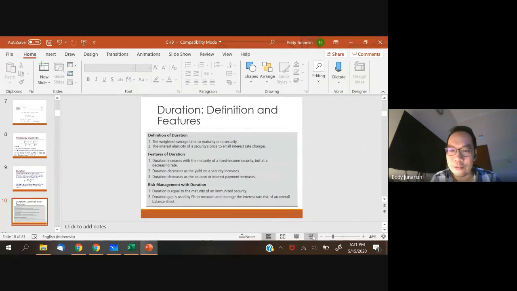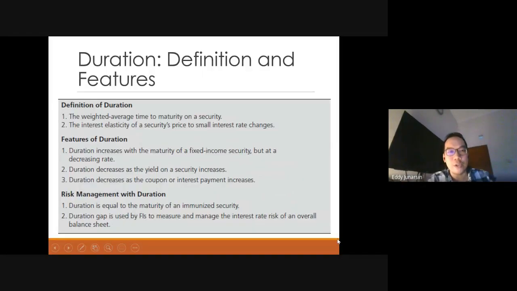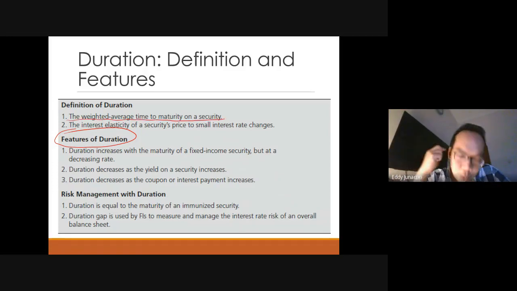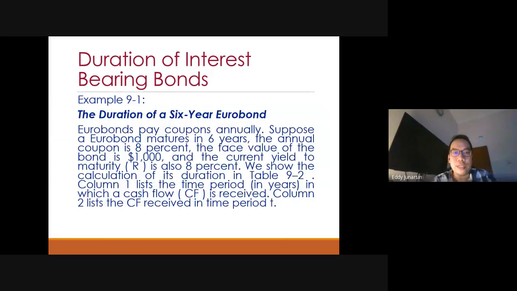We'll see a lot of characteristics and features of duration, but after we see a lot of examples, we'll come back here. So the features here, we'll come back to later. We'll see a lot of examples.